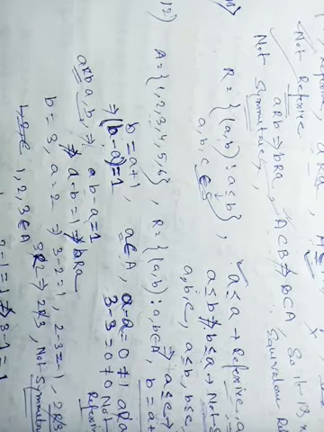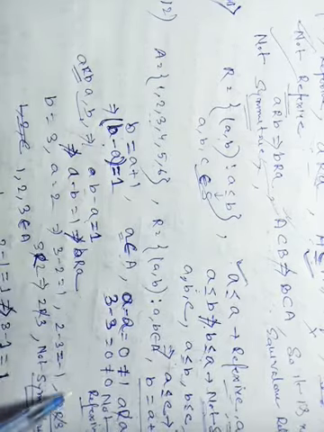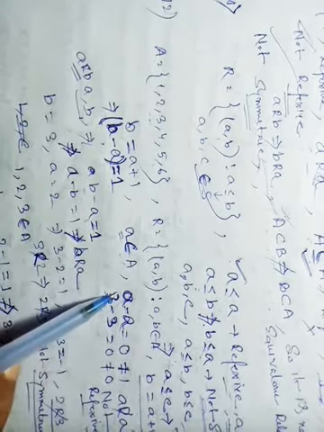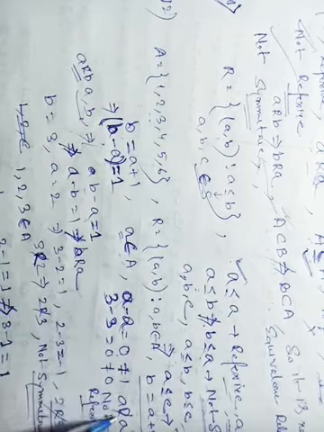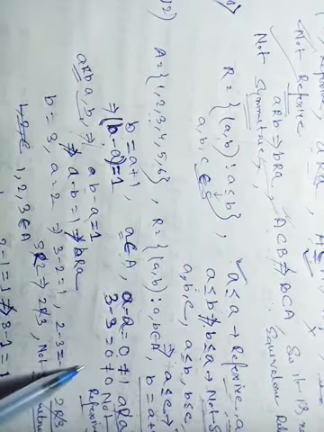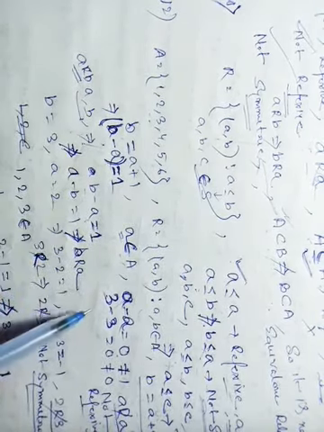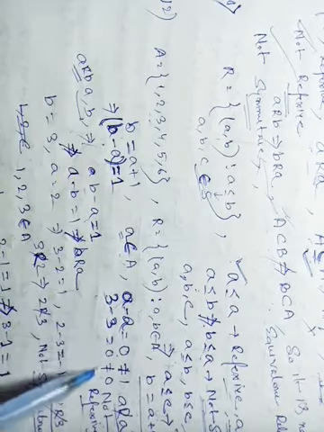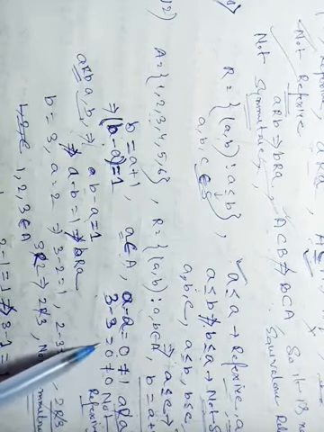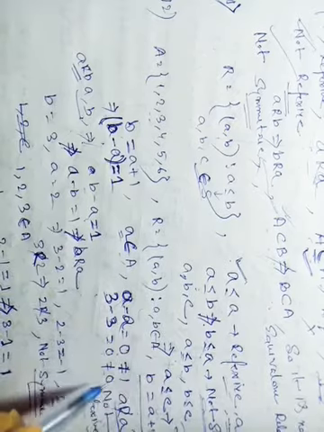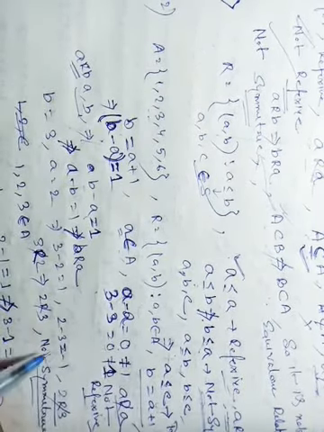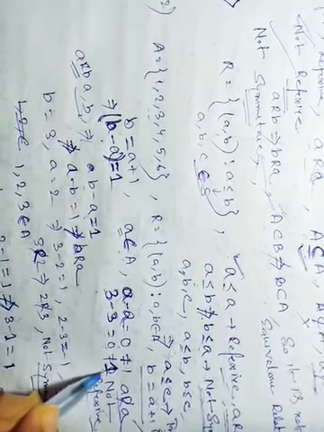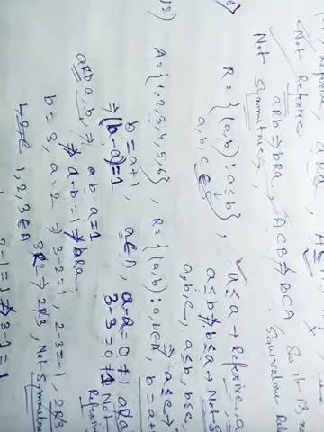Now for reflexivity, take a belonging to A. Now a minus a is equal to 0, not equal to 1, so a is not related to a. Suppose we take the element 3, then 3 minus 3 equal to 0, not equal to 1. So it is not reflexive.